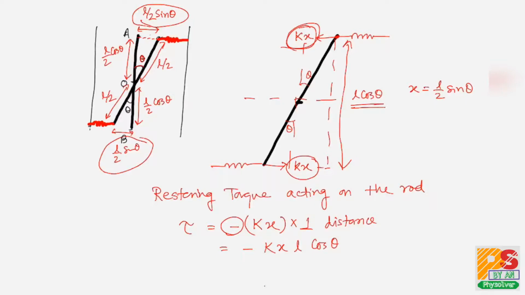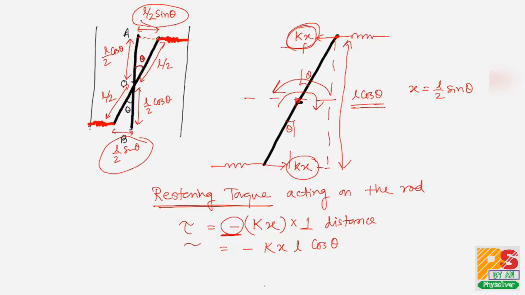This is clearly due to restoring torque. When the rod is rotated like this, that is clockwise direction, the torque exerted by the spring is trying to rotate the rod in the opposite direction. To show that opposite nature, we put a negative sign in the restoring torque.